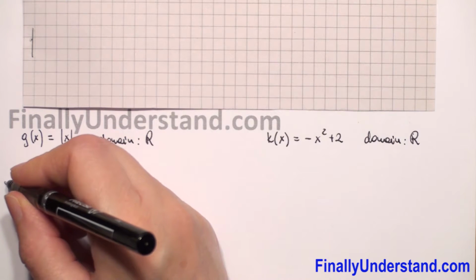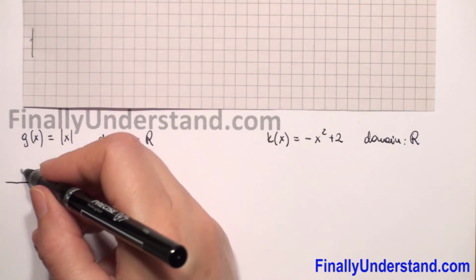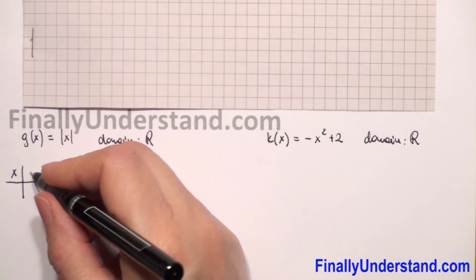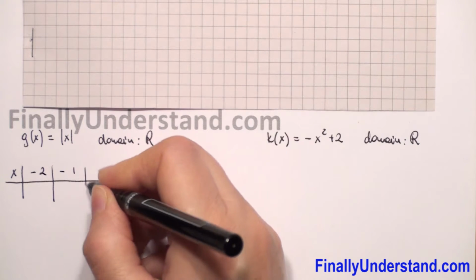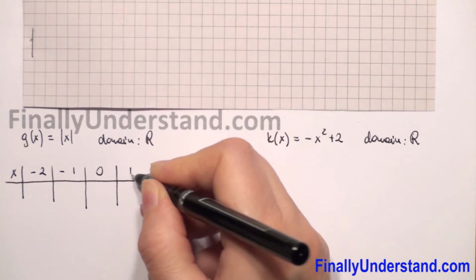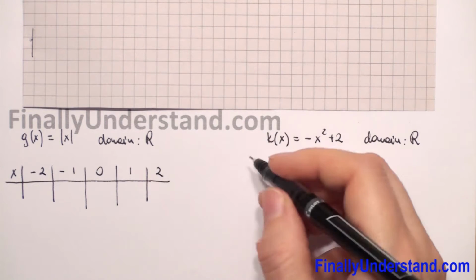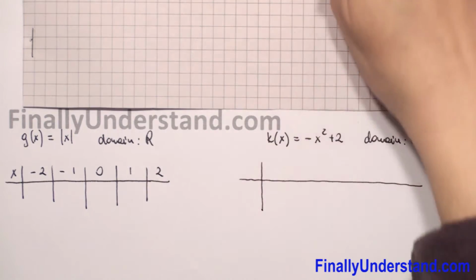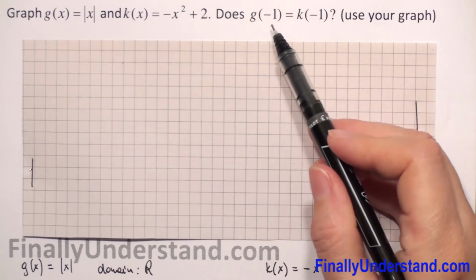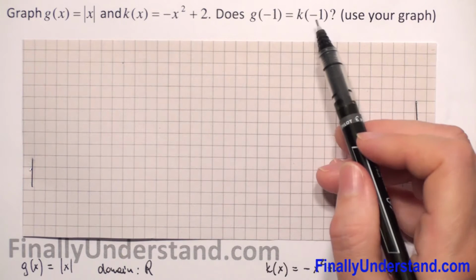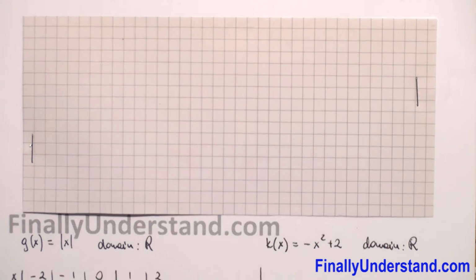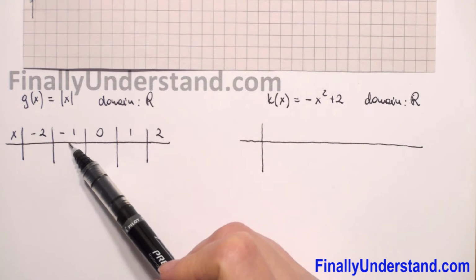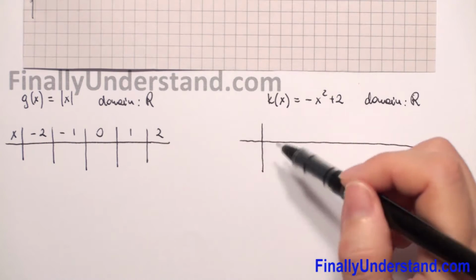So we will build the table. For x, we will choose the numbers negative 2, negative 1, 0, 1, and 2. The same numbers we will use for the k function, and because we have g of negative 1 and k of negative 1 should have the same value, we will use negative 1 also to check the values for these two functions.